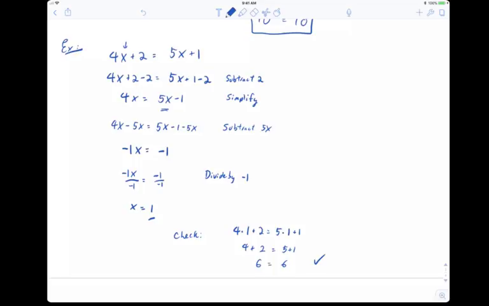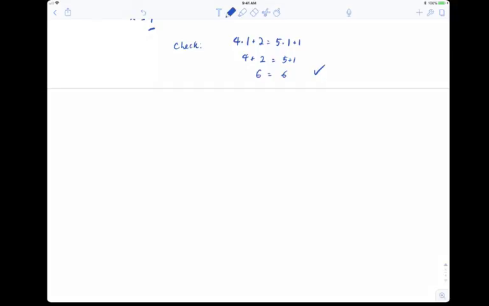Let's review what we've just talked about. There's something important here. The medicine wheel for this particular lesson looks like this. Plus, minus, division, multiplication.